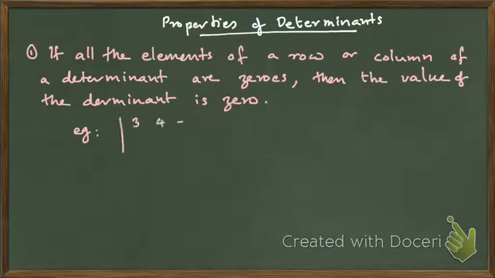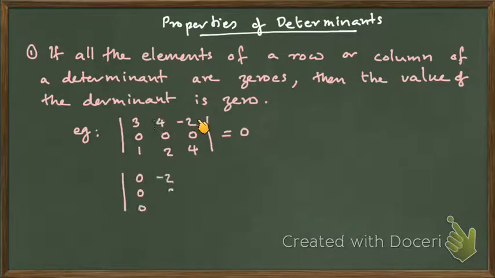For example, if I have a determinant like this, 3, 4, minus 2, 0, 0, 0, you can see that the second row is completely zero, so the determinant value will be zero. That's because when you expand this determinant using R2, it's going to be 0 times its minor everywhere, and that's how the value is 0.